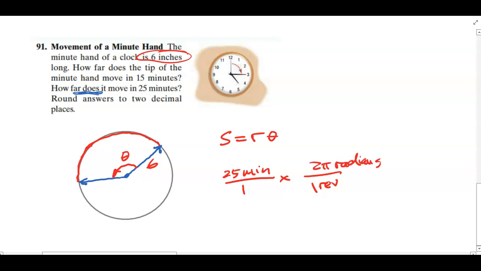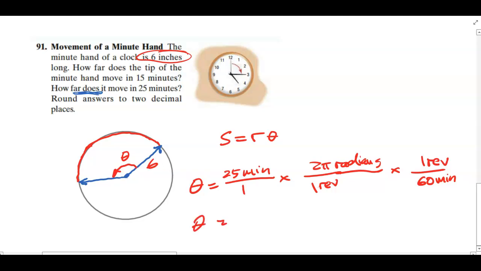So I need to get radians out of this, okay? I need to get rid of the minutes here. There's 60 minutes in 1 revolution. And so you figure this out, and you'll get theta out of this. So this will be what your theta is. You multiply times r, and you're done. So that should start you out.